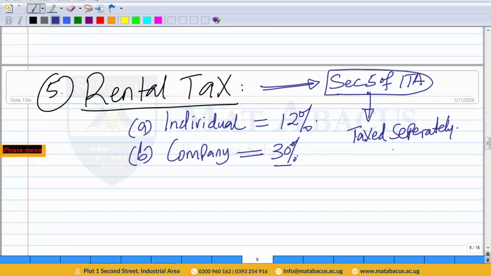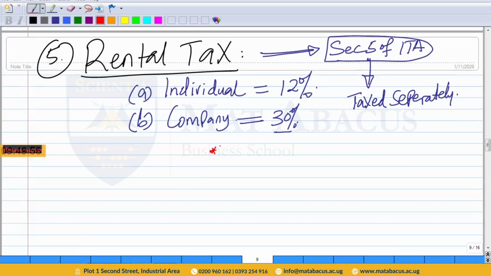Rental tax is very common when they examine it. Normally it takes about 5 to 10 marks when it is examined. In other cases, as in the last sitting, it was brought as a full number. You recheck that paper and see. But it is the simplest you can ever have. The other ones I've looked at above are examined separately.